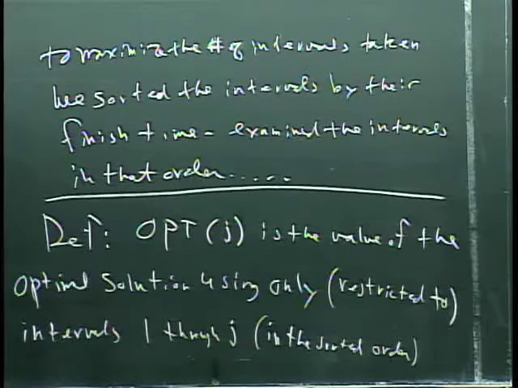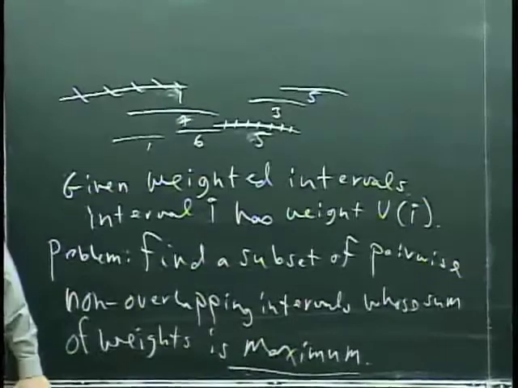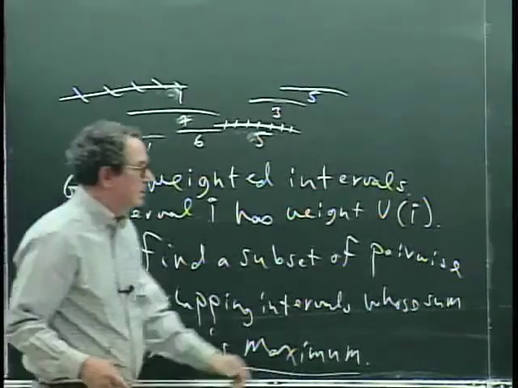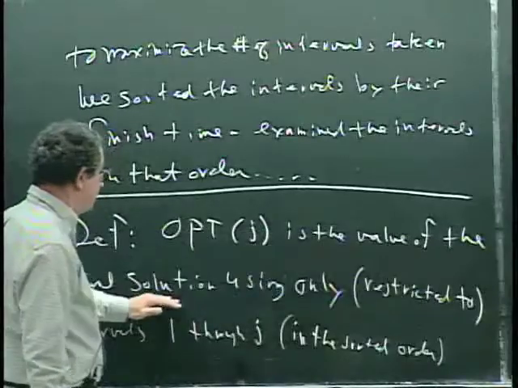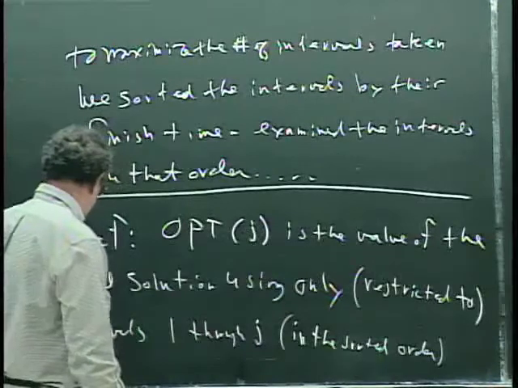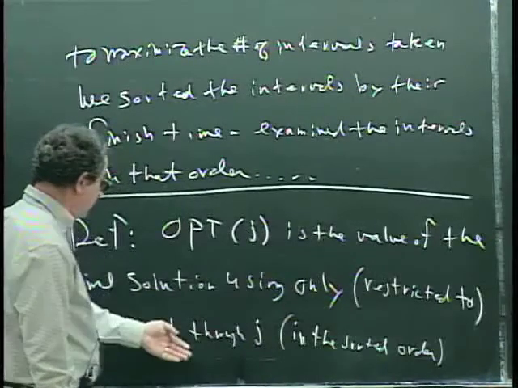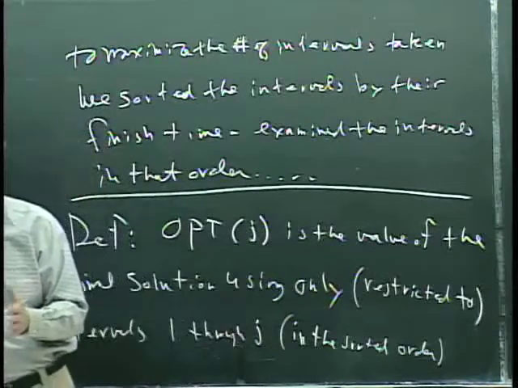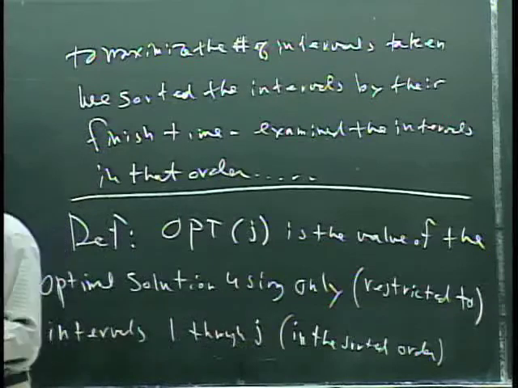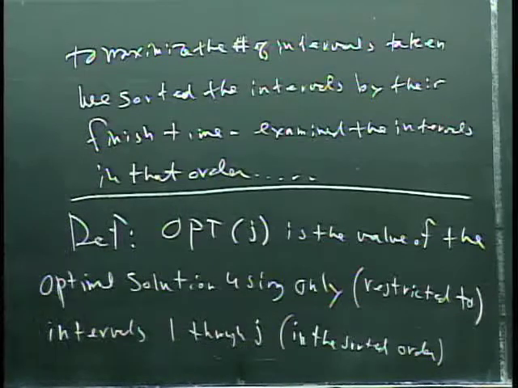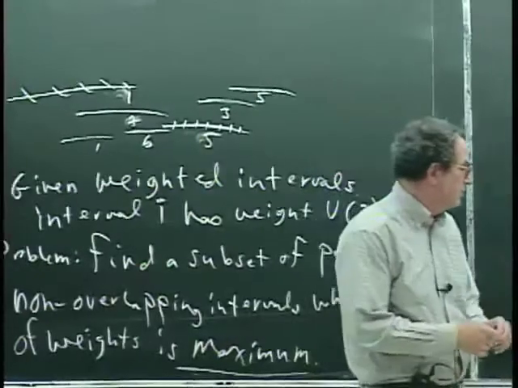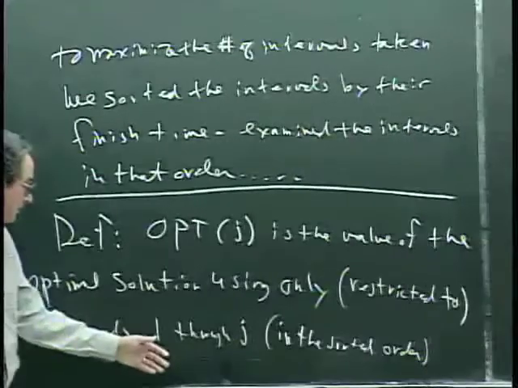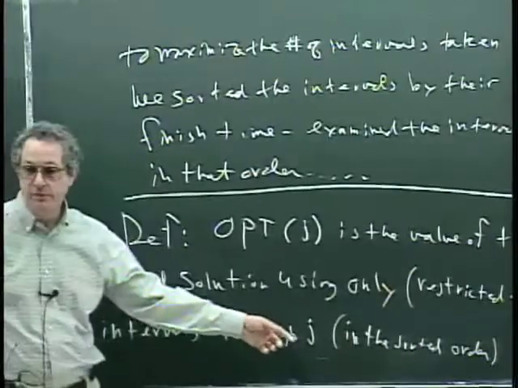And so initially, what's opt of 1? Okay, opt of 1 refers to the value of the optimal solution using only intervals 1 through j. So you have a subproblem of finding the best set of non-overlapping intervals, of maximizing the total weight or total value of those intervals, but only considering intervals 1 through interval j.